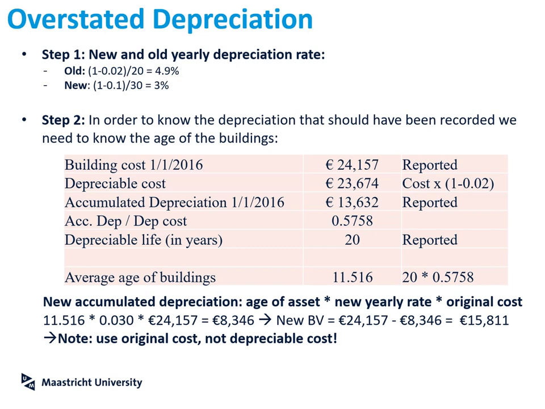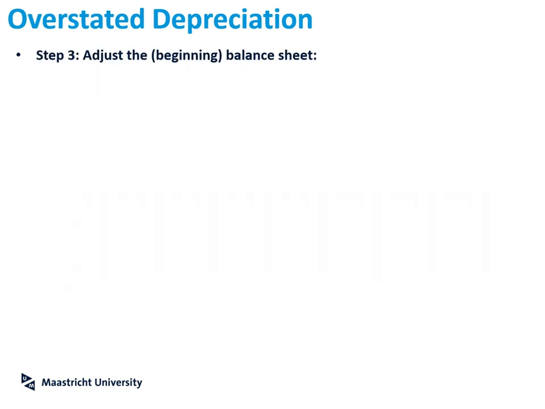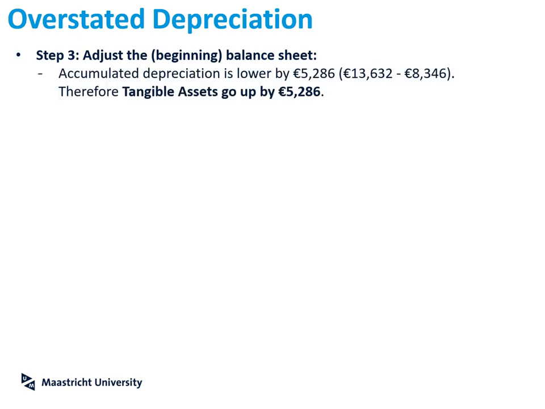And in this case, we would see then that the accumulated depreciation should not be 13.632 billion, the amount that has been recorded in the balance sheet now, but under our assumption should have been 8.346 billion. And that's also the first adjustment that we're going to make when we adjust, in this case, the beginning balance sheet.